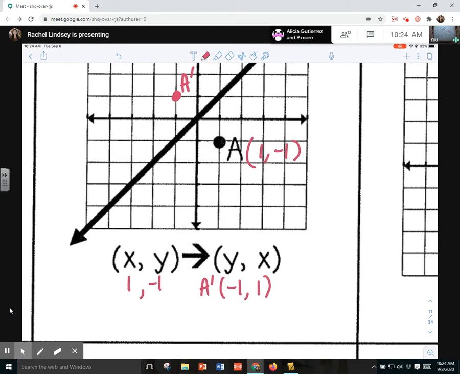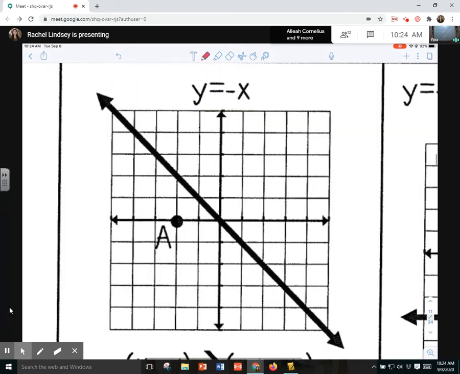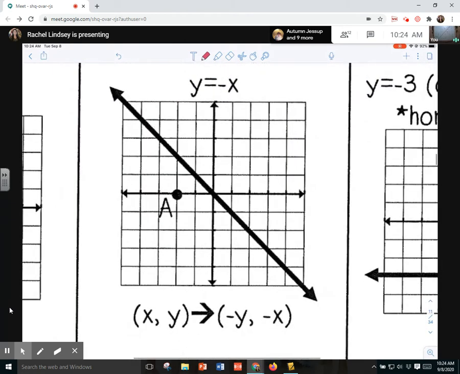Okay, and then we have y equals negative x, and it's the same thing except both of them will be negative. You change the signs of both of them. So if there's a negative there, just know you're going to switch their places, and you're going to put a negative sign in front of both of them and change their signs. So here, I have A at negative 2, 0.